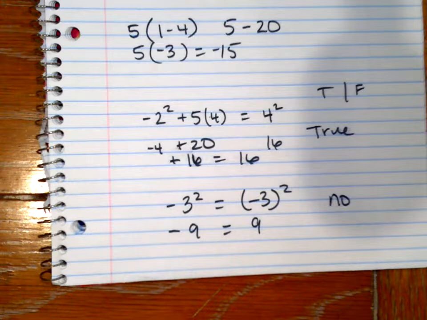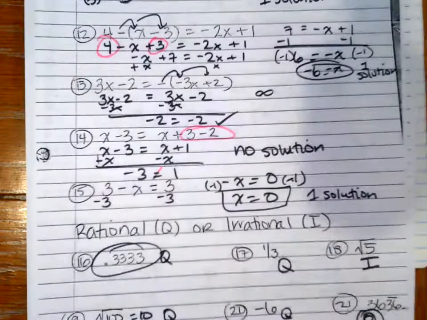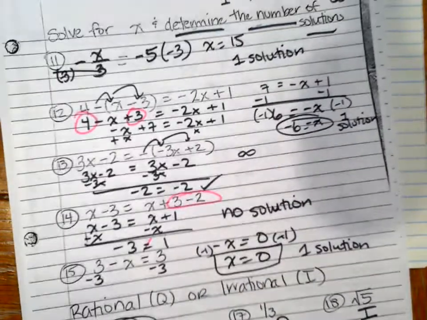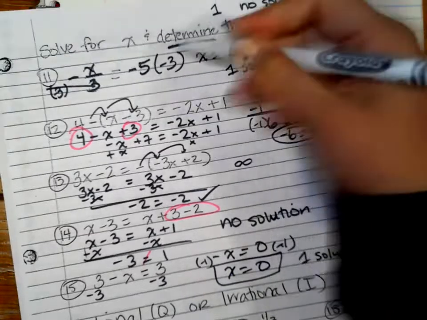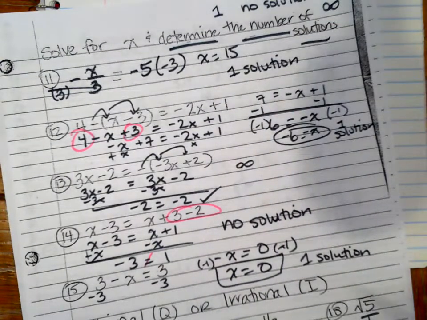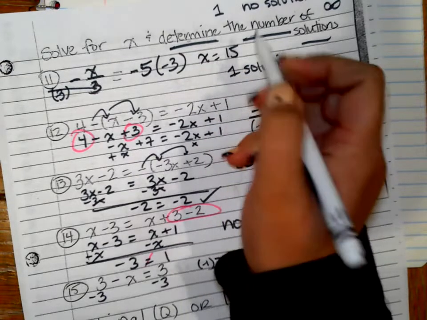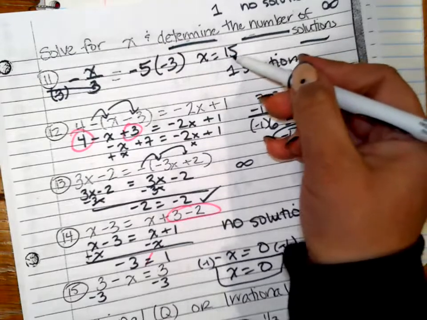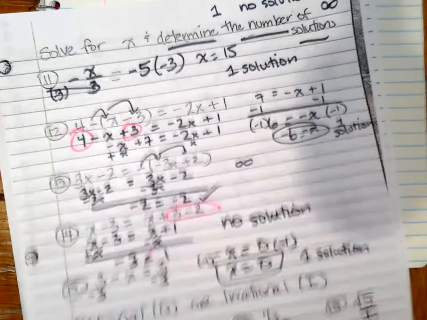There will be some where you just straight up give the answer. There is a section on if it's one solution, no solution, or infinite solutions. So we spend a decent amount of time going over the number of solutions something has. So there are questions on that where I'm not interested in the answer. Like you can go through all this and get x equals 15, but that's not where you're getting credit. The credit is, do you know if that's one solution, no solution, or infinitely many solutions?